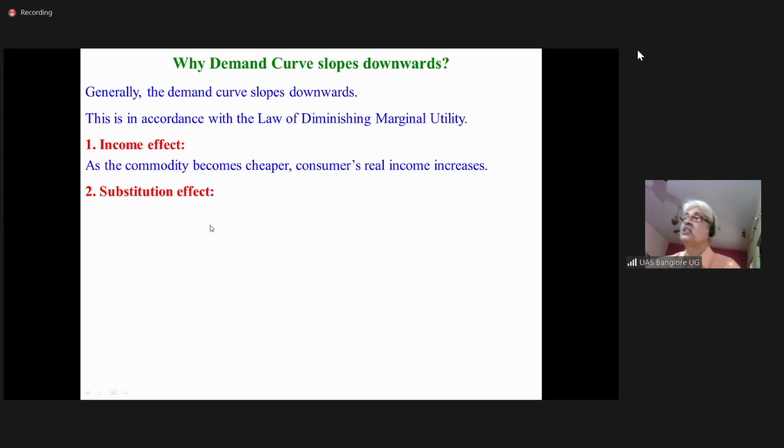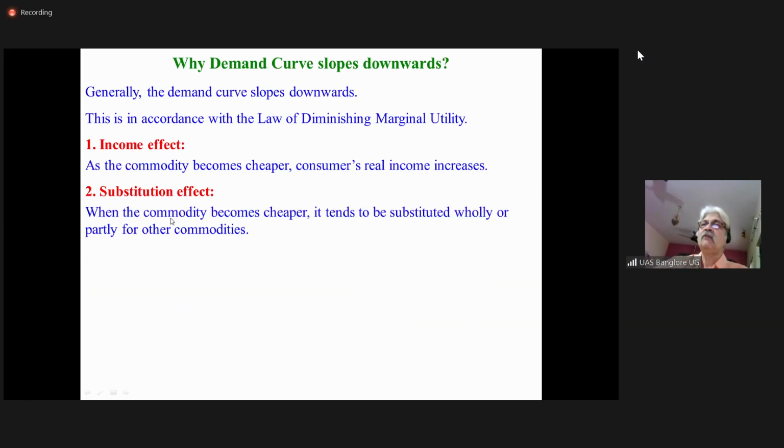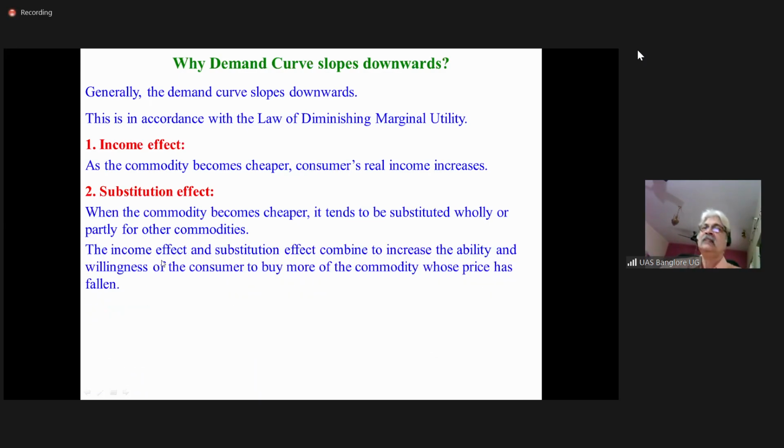That is the substitution effect. When the commodity becomes cheaper, it tends to be substituted wholly or partly for other commodities. Instead of the costlier commodity, you purchase the cheaper commodity. The income effect and substitution effect combine to increase the ability and willingness of the consumer to buy more of the commodity whose price has fallen.